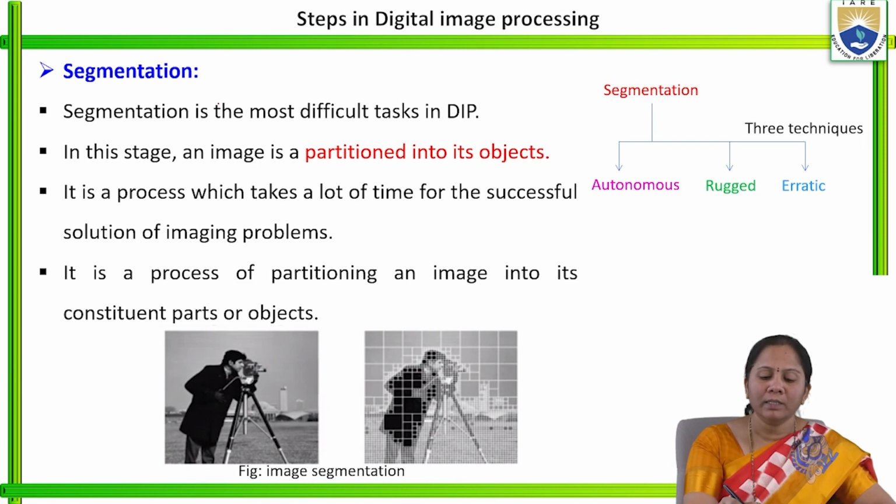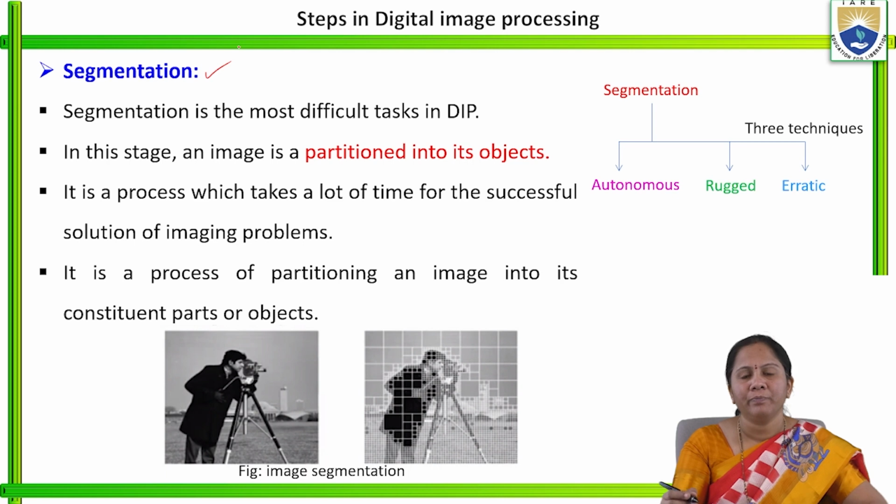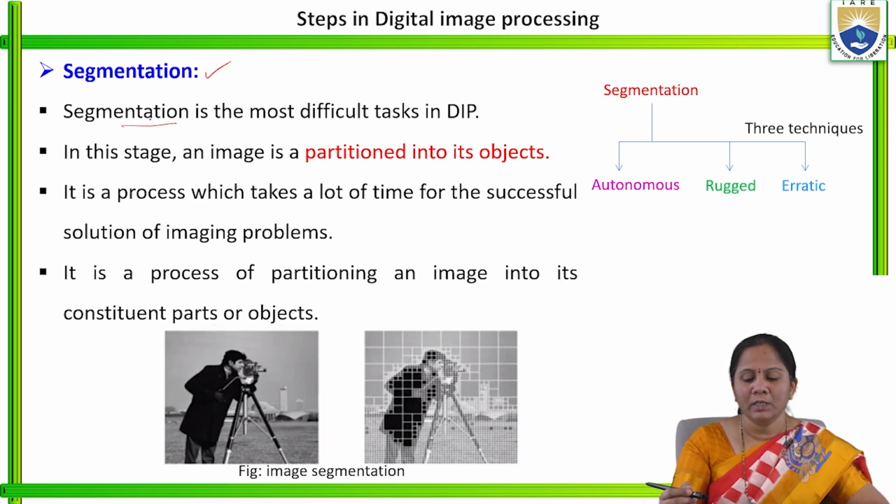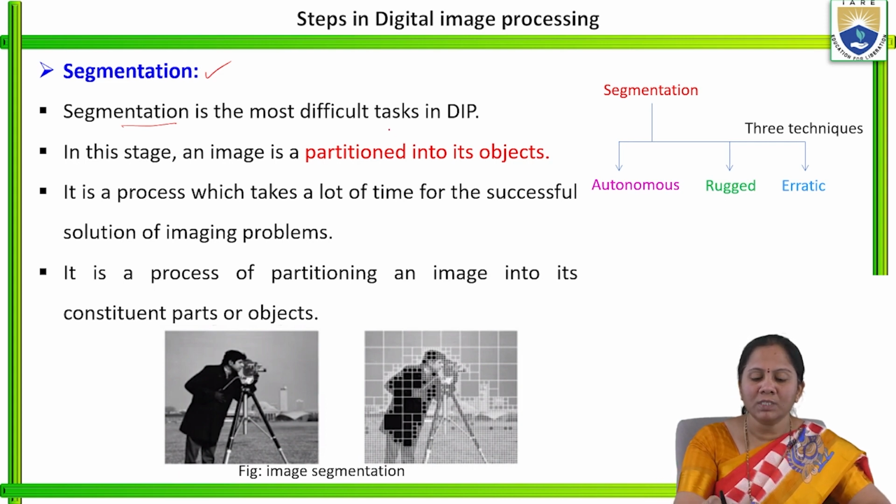And another important step is segmentation. Among all the steps in image processing, segmentation is one of the most difficult tasks in digital image processing. In order to work on this segmentation block, it will also take more time because it is the most difficult task.